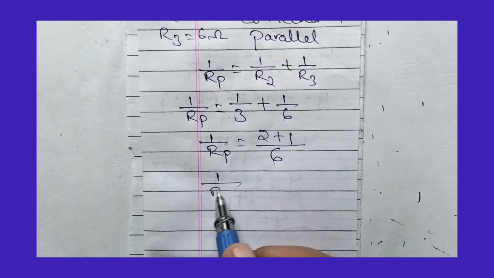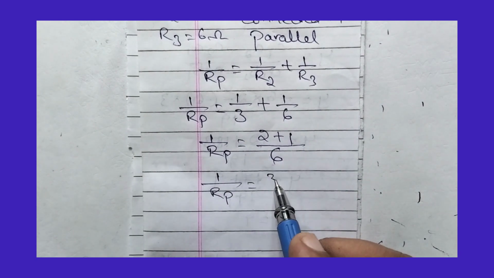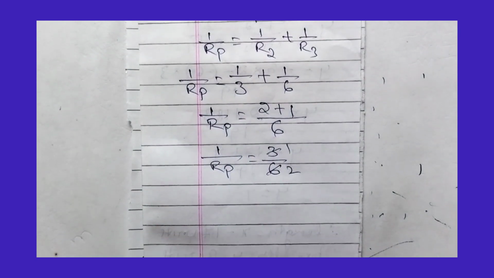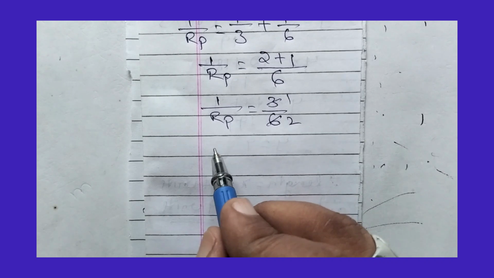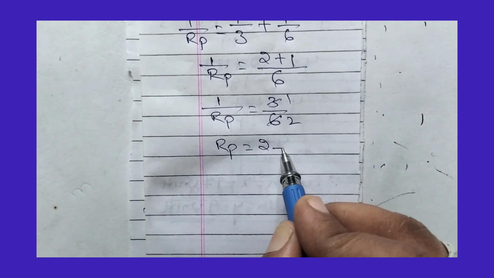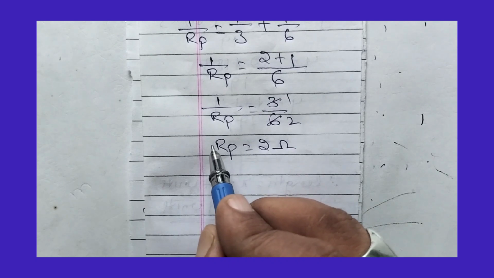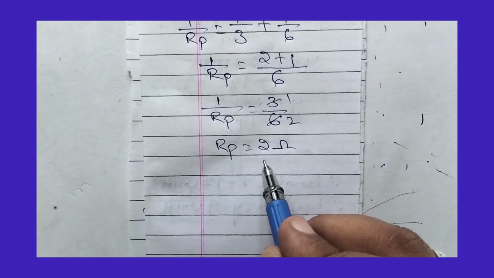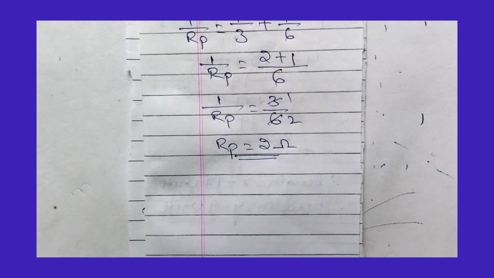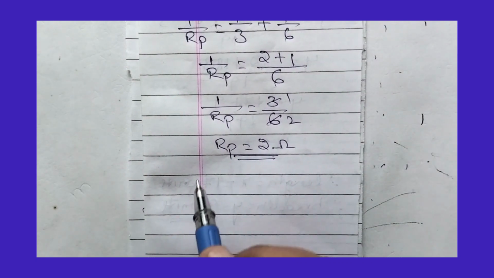So 1/Rp is equal to 3 divided by 6, which is 1/2. Taking the reciprocal, Rp is 2. Therefore, when 3 ohm and 6 ohm are connected in parallel, the total resistance will become 2 ohm.